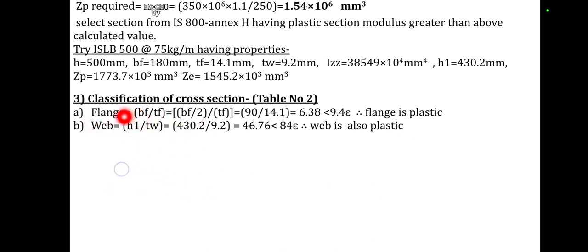How to calculate this H1 we have learned in the classification of cross section lecture. Here the value of H1 is 430.2 divided by 9.2, which is 46.76 epsilon, and it is less than 84 epsilon. Hence our web is also plastic. Now as our flange is plastic and web is plastic, our section is also plastic, and therefore our value of beta b equals 1.